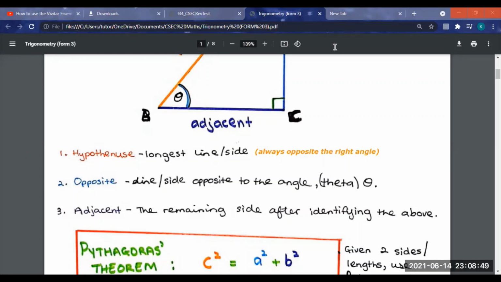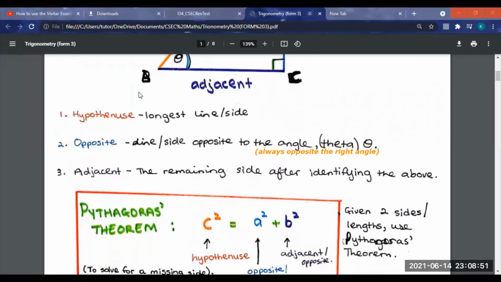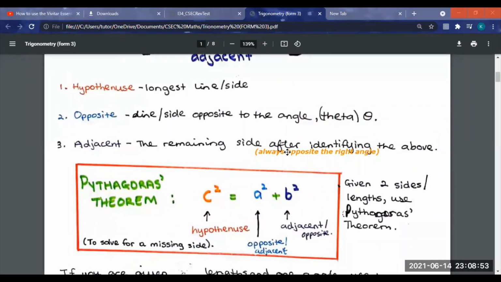So Pythagoras' theorem is this formula here: c squared is equal to a squared plus b squared. C squared is always the hypotenuse, and it doesn't matter which one is a squared and which is b squared.